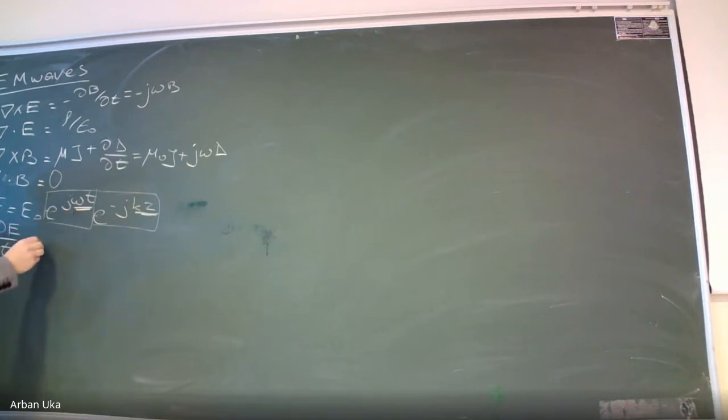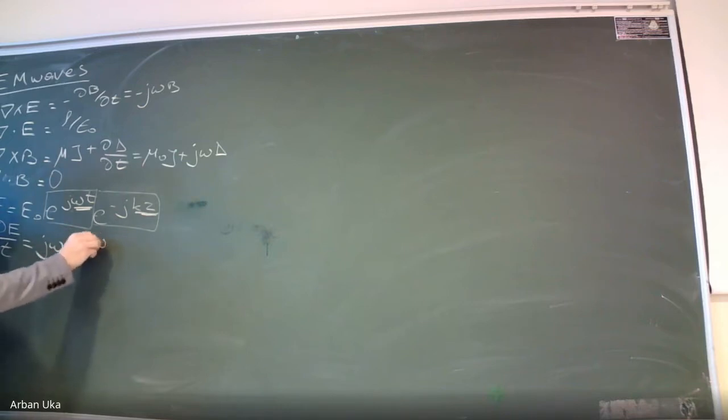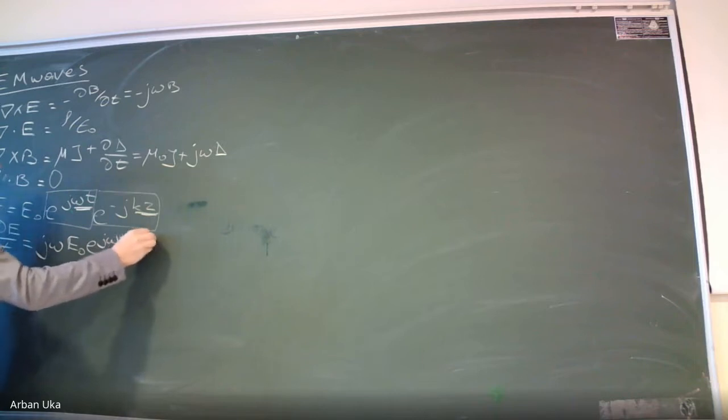We know what the units of these quantities are, but whenever we calculate the time derivative, dE over dt, we get this j omega term: j omega times E0 times e to the power j omega t times the spatial term.